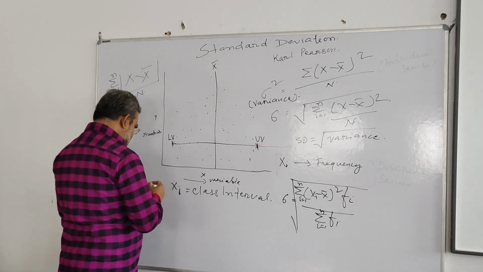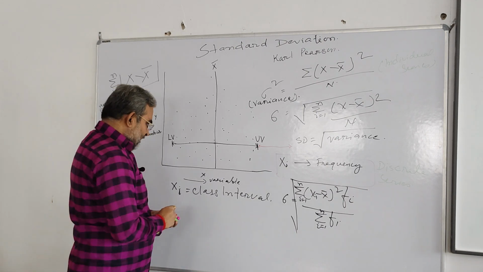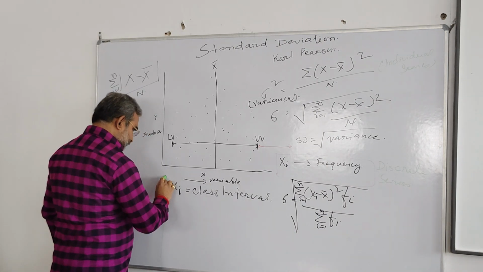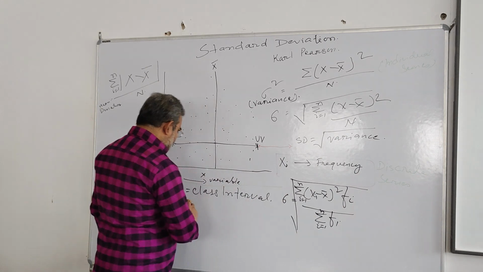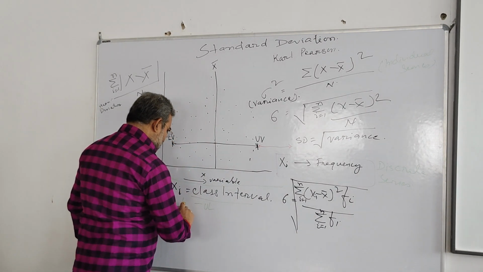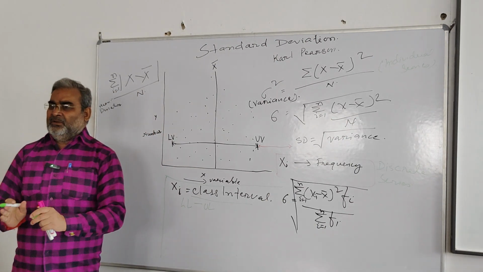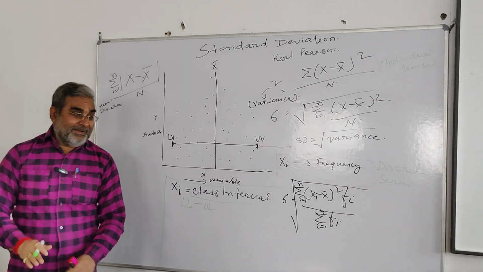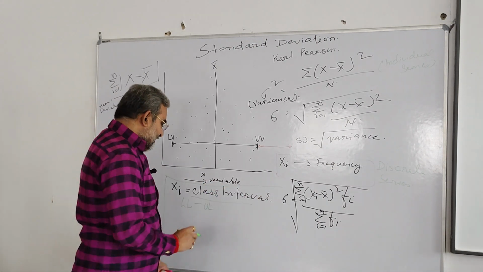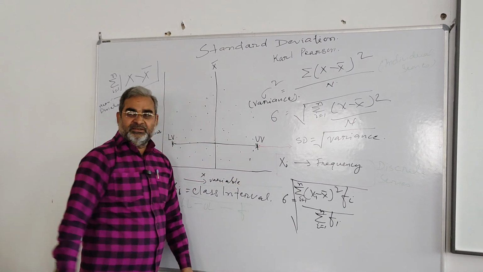And if we represent the variables in the form of class interval, then each class has an upper limit and a lower limit. In this condition, each class is represented by its respective frequency.